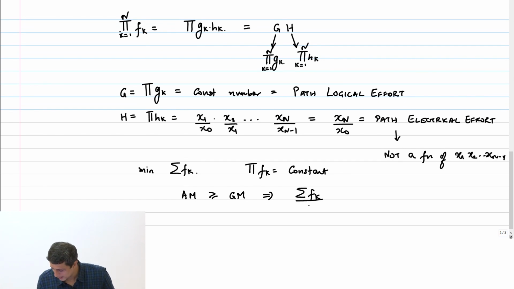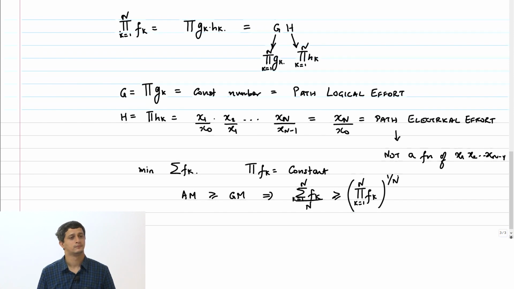So summation fk by n, which is the arithmetic mean of these n numbers, is greater than or equal to the product of fk, k equals 1 to n, whole power 1 by n. This is the geometric mean.